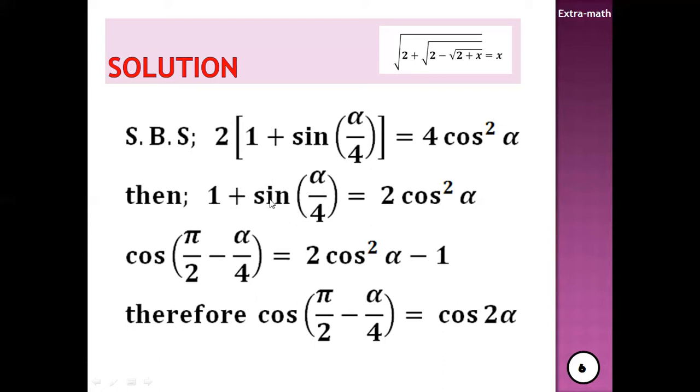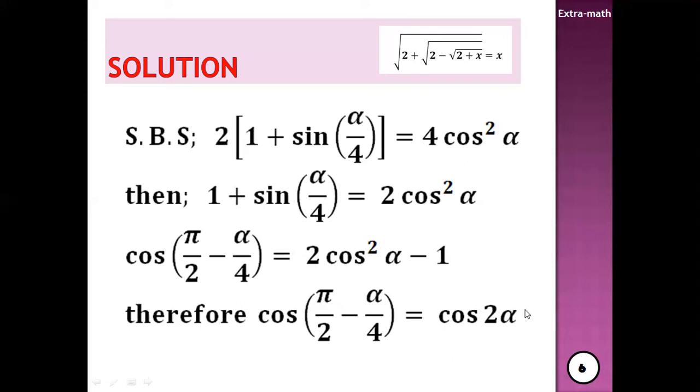But we know that sine of x is equal to cosine of pi by 2 minus x. So sine of alpha over 4 is equal to cosine of pi by 2 minus alpha over 4. And we take 1 here to become minus 1. So we get 2 cosine square alpha minus 1, which is cosine 2 alpha.